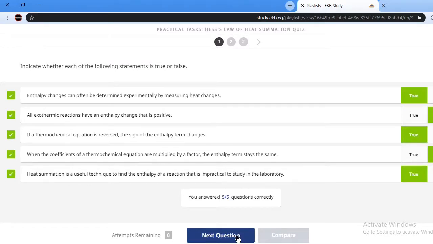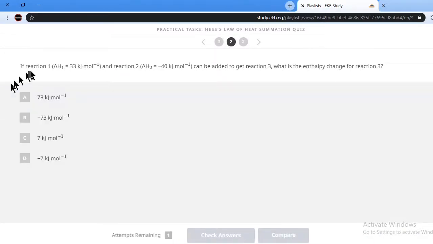Next question. If the reaction delta H1 equals 33 kJ per mole and the reaction delta H2 equals minus 40 kJ per mole can be added to get reaction 3, what is the enthalpy change for reaction 3?